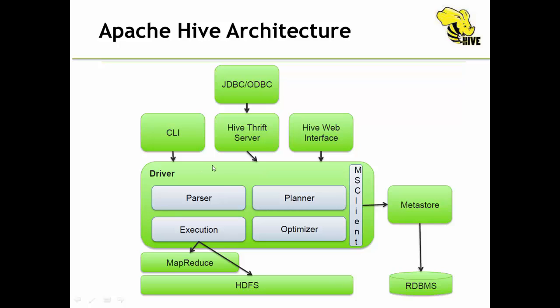And these drivers include various engines that create the underlying MapReduce jobs and execute them on Hadoop file system. The indexing and cataloging of data is stored in Metastore. It also has Hive storage handler class that defines what kind of RDBMS it is going to use to store the data, such as HBase, Cassandra, or MongoDB.